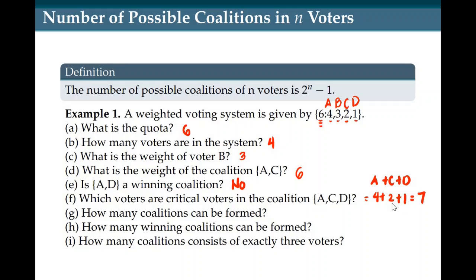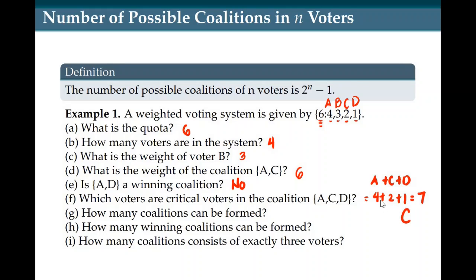So what if voter C will be out? So 4 plus 1, this will have 5 votes only. So it turns out that when voter C is out, this will turn into a losing coalition. So voter C will be a critical voter.